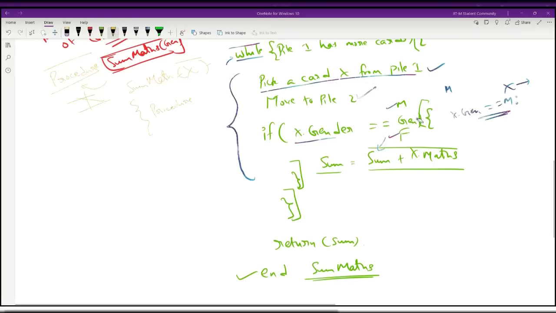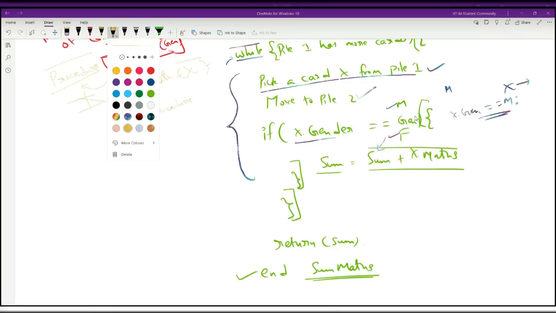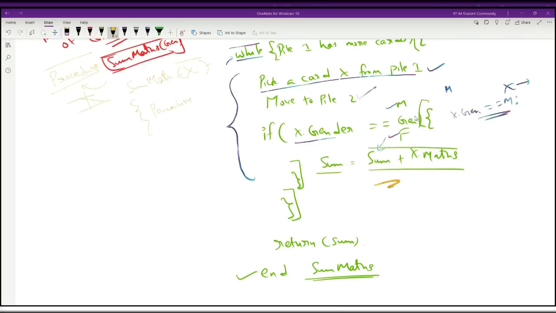Let me change this color. Yeah, fine. We are updating sum with his marks obtained, and then at last we are returning the sum, but not printing because printing is not yet taught to you. We return sum to the user.